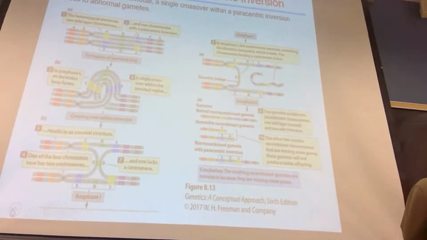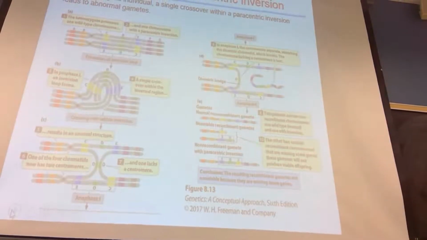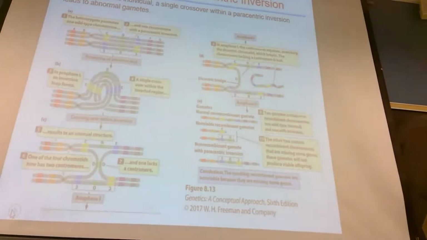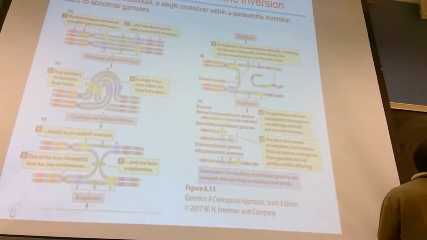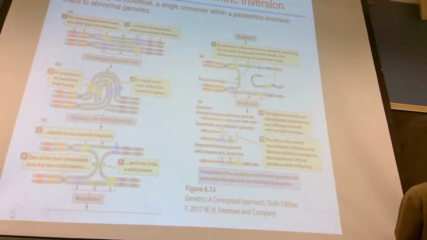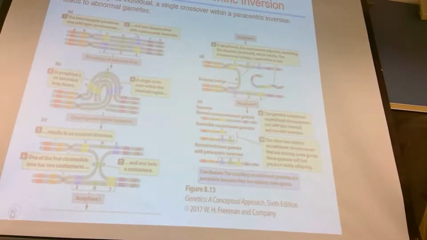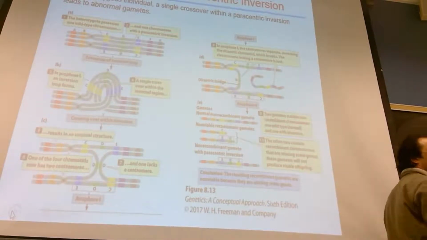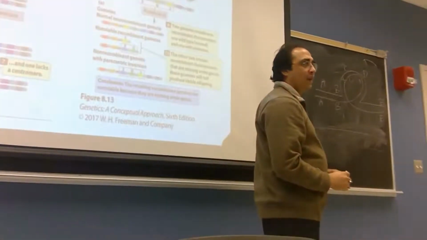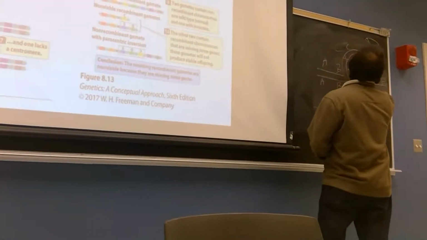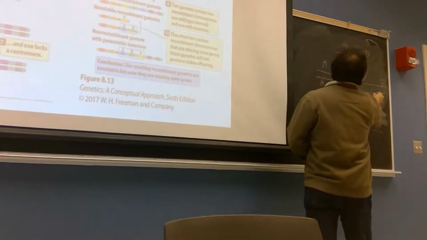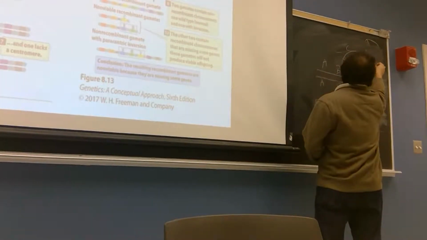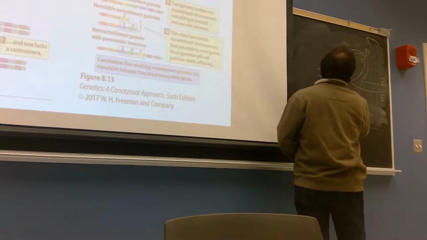In such a case, what will be the result? So this chromosome, the red one: A, B, C, D, B, and A. What will happen for the other one? It starts with E, and here it will go to C, D, and E. E, C, D.